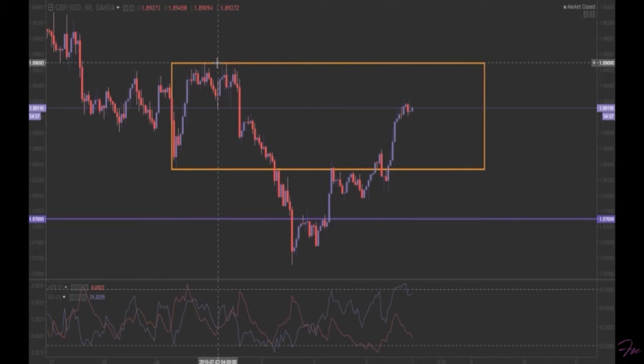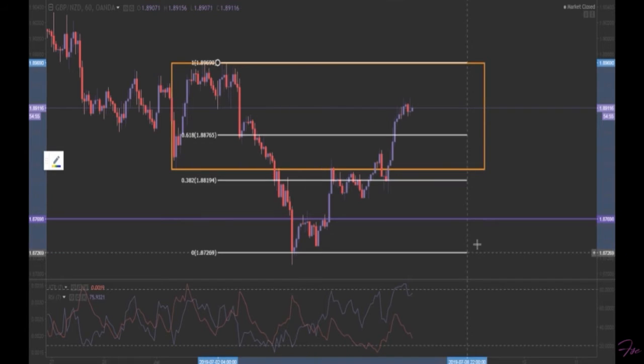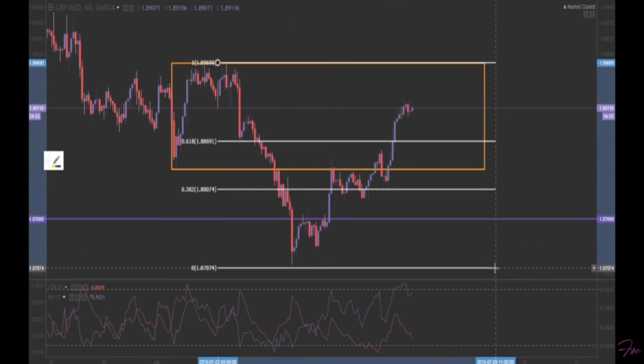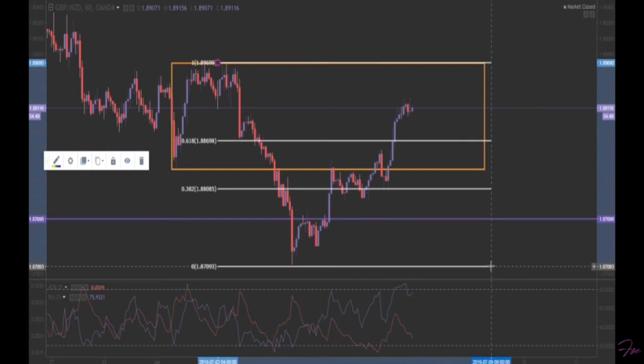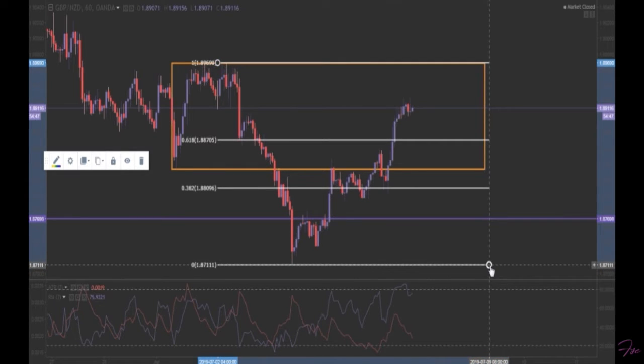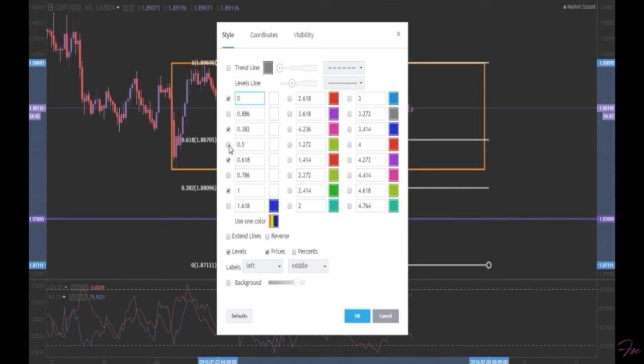Now if I draw my fib levels from high to low, okay, and I get my 50% ratio on, you'll see that 50% does get hit. Let's get the 50%. Let's take away the 38.2 and get the 88.6 on.